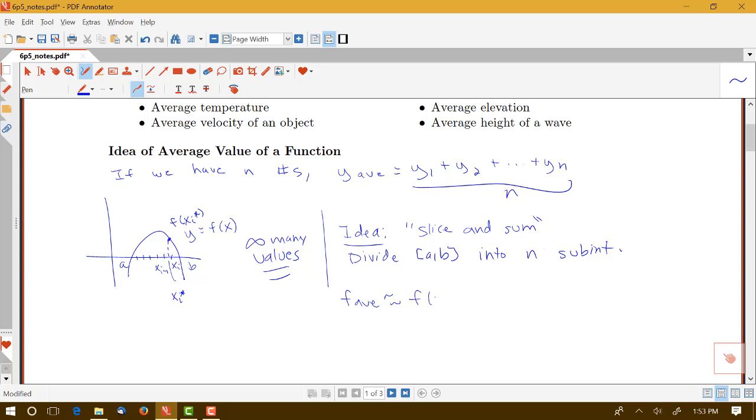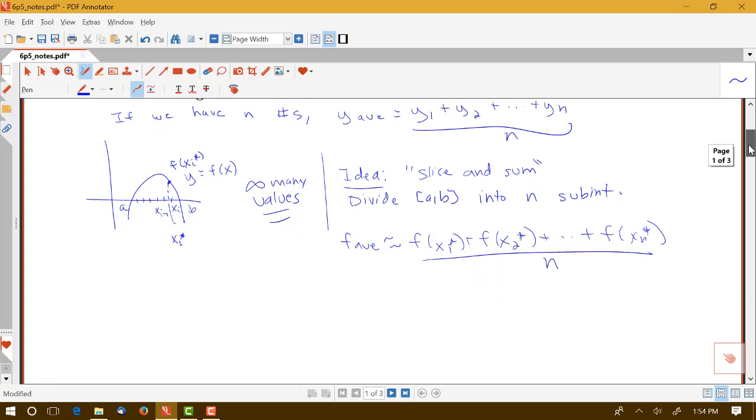I can be adding f of x1 star plus f of x2 star, etc., all the way up to f of xn star, and dividing those by n. So for a really small interval, this value is approximately the value of the function for the whole interval. So how can we turn this into something that we might recognize as a Riemann sum?